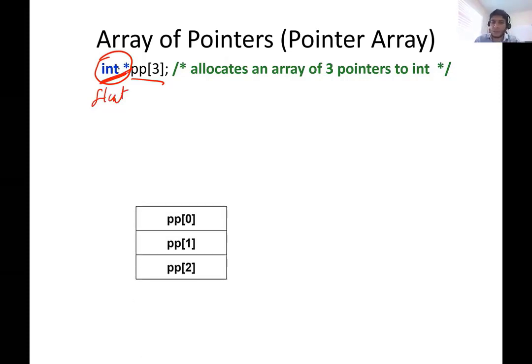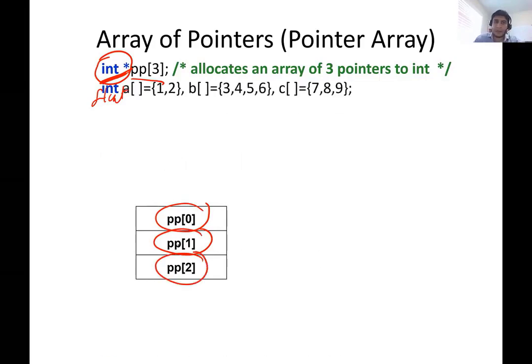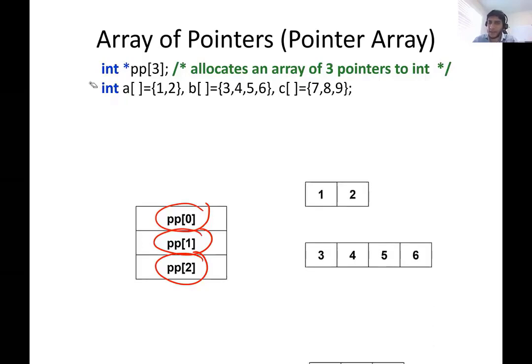What would happen in the memory is you would create this thing, and every element of the array would be a pointer of its own, right? Then later, if I define 3 different arrays, these are just normal arrays we have seen before, A, B, C. A would have 1, 2, B would have 3 to 6, and C would have 7 to 9. Now I'm creating 3 arrays in memory, all of type int. You can now kind of expect what we can do.